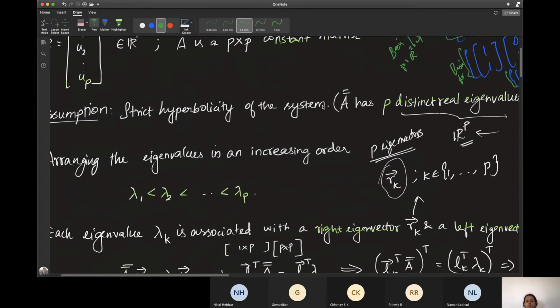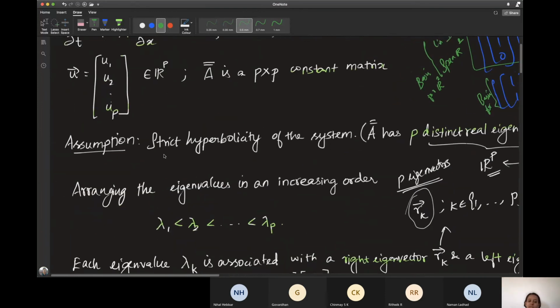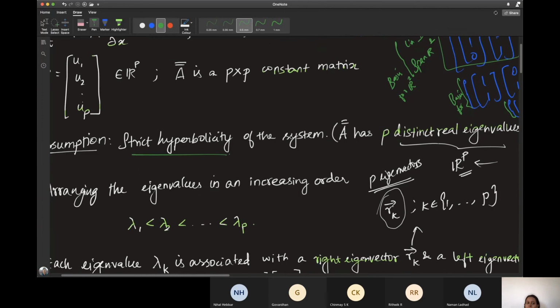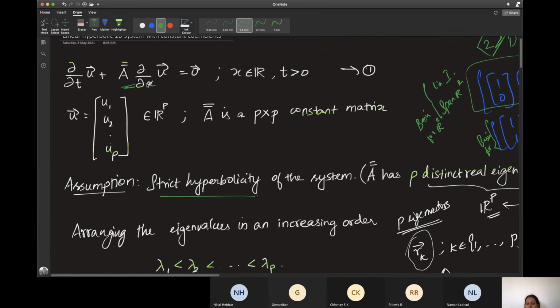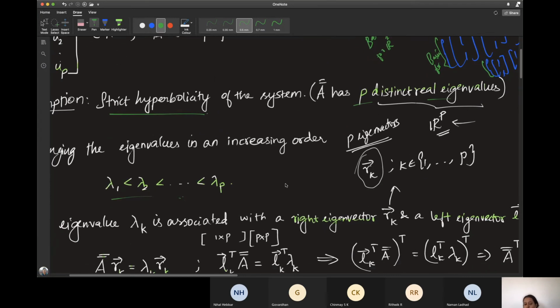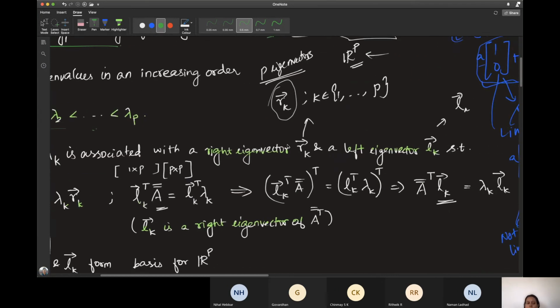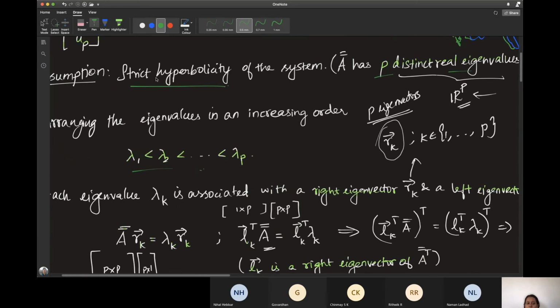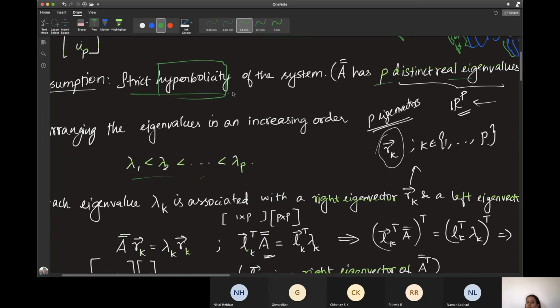Now strict hyperbolicity actually means that you have p distinct real eigenvalues. That is, for a p cross p matrix, you have p distinct eigenvalues, and you are able to arrange them in some order. We already talked about hyperbolicity, right?